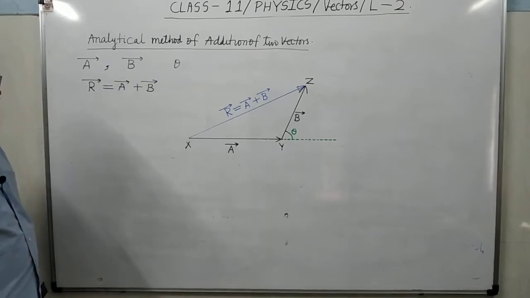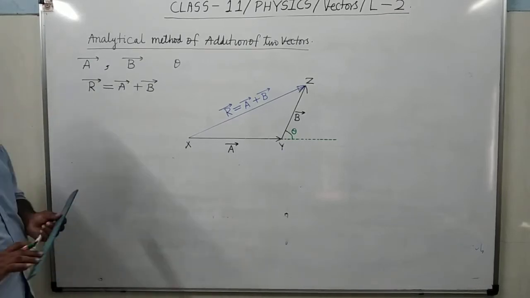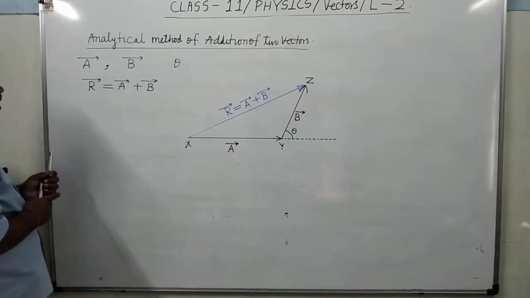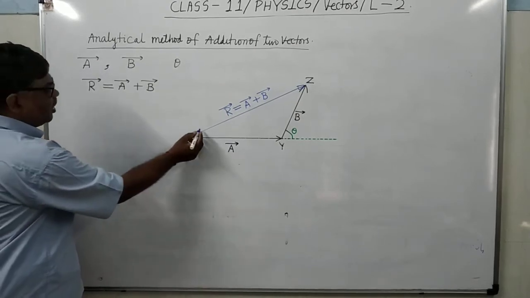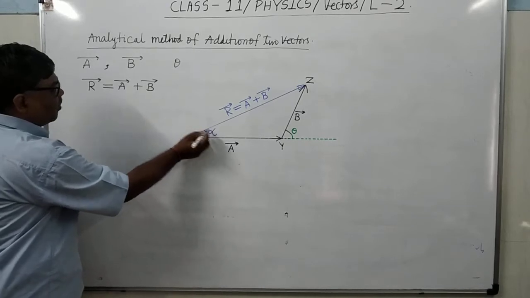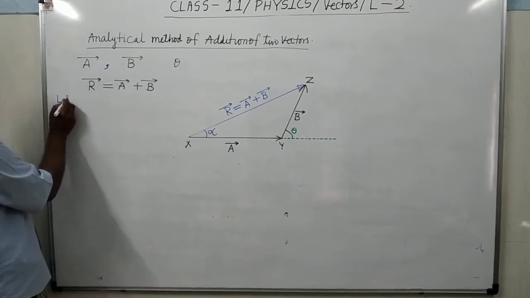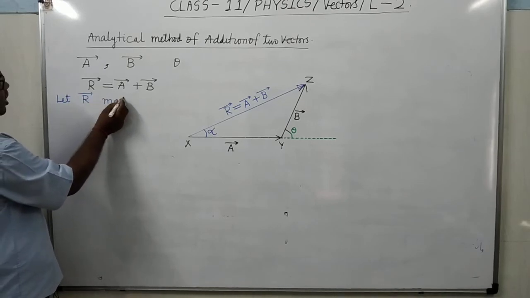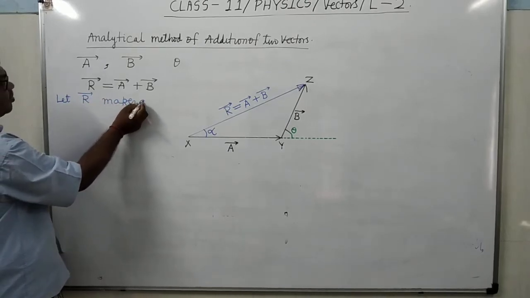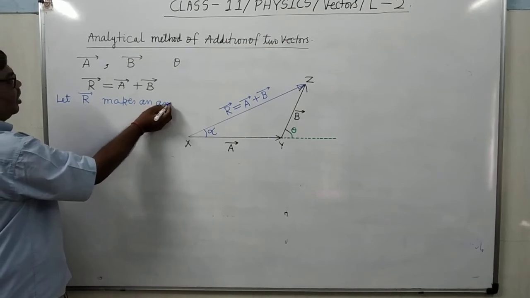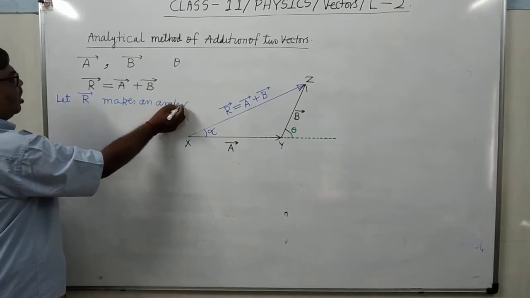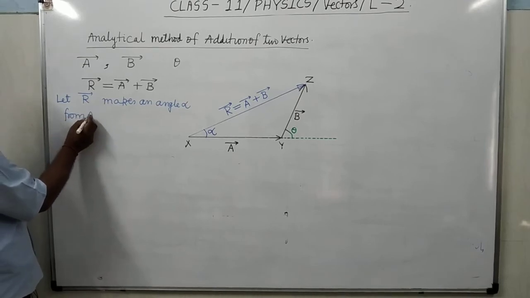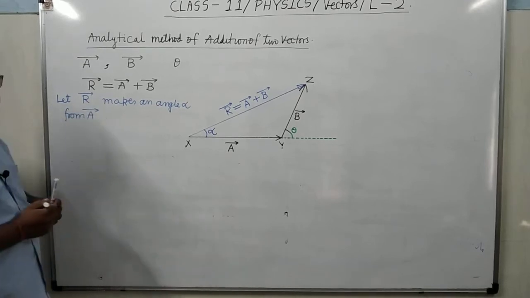It's clear. Now here I have assumed that the resultant vector R makes an angle alpha from vector A. This angle is alpha. Let vector R make an angle alpha from vector A.